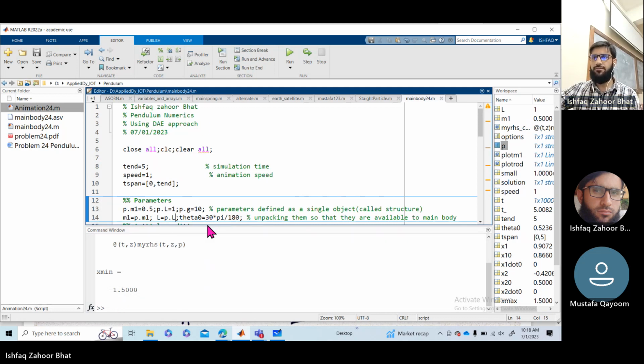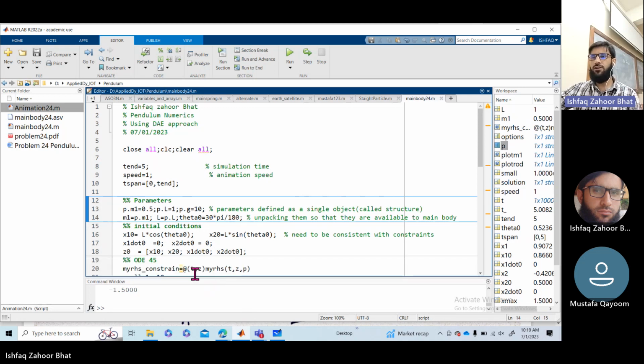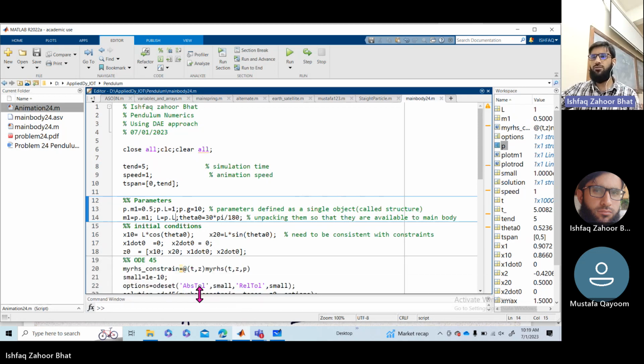And then clear all will remove any variable in the workspace. This is a very good practice to write at the front, because sometimes you debug your code, try to find the error, but when you run the code you do not get the right answer. The thing is that there are already preoccupied values for the variables. That is why we use these things.